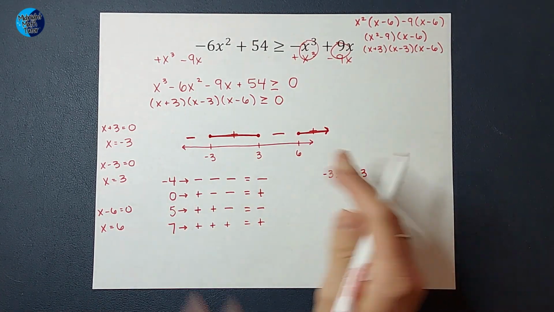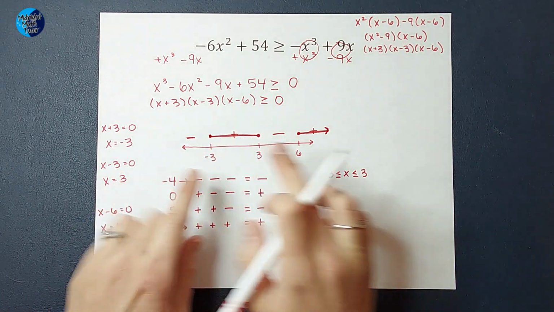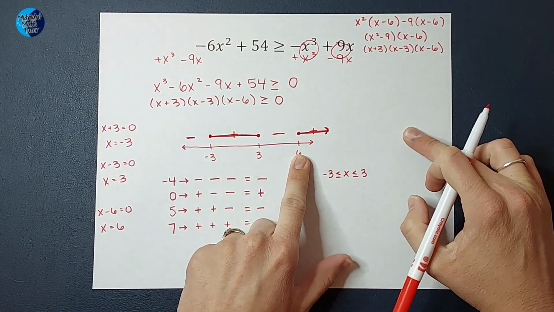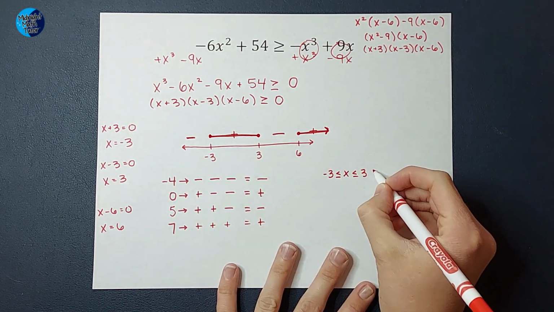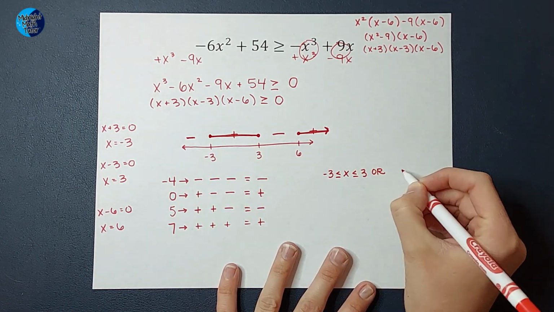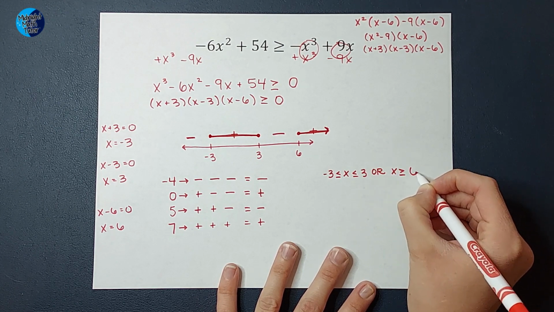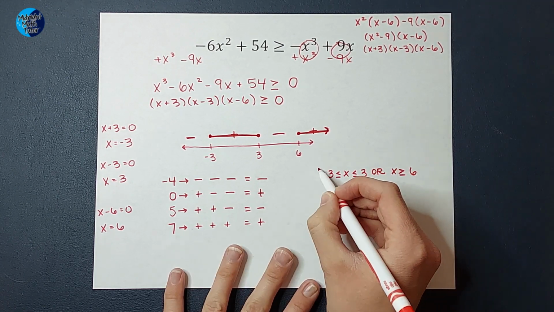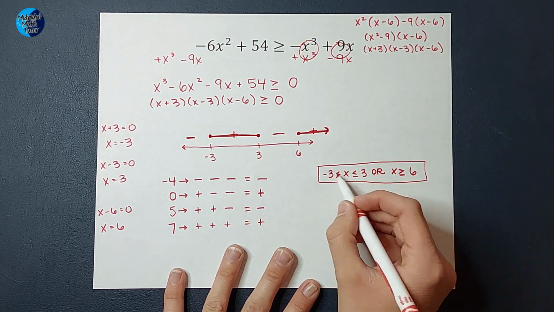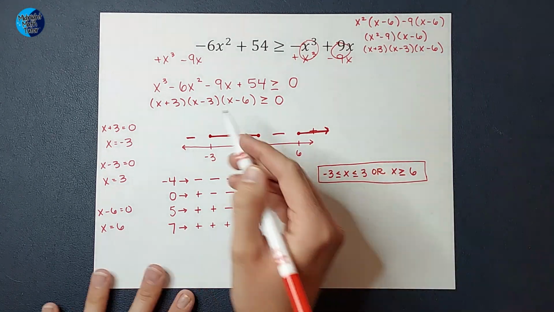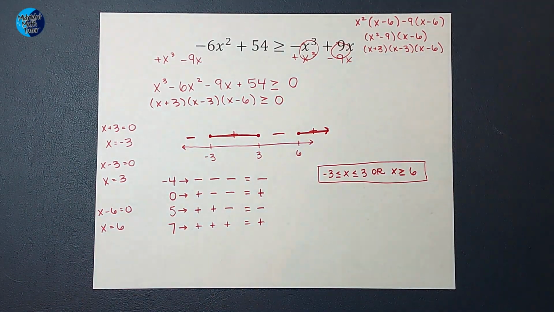And we use the equal sign because it can be -3 and 3, okay? But that's just this part. It can also be anything bigger than 6, right? So it can be this, or x can also be greater than or equal to 6, okay? X can be any number in that range or 6 or bigger, and you will get a positive answer here, meaning it is greater than or equal to 0, okay?